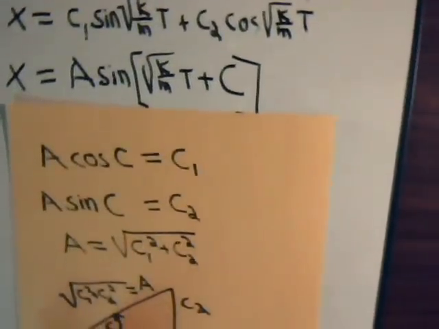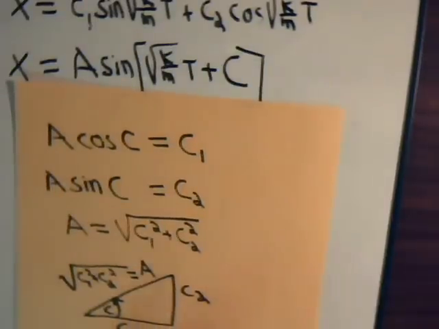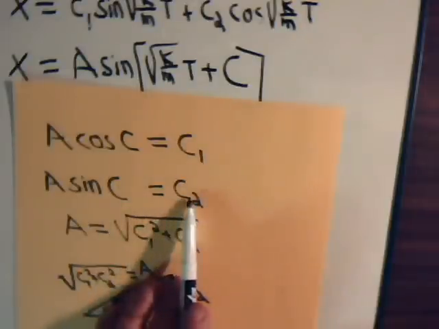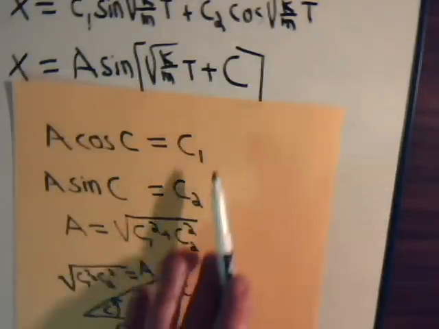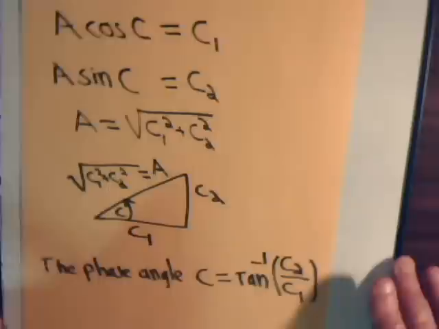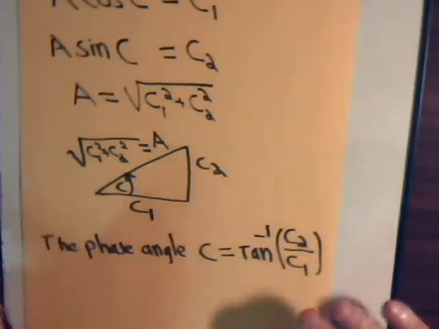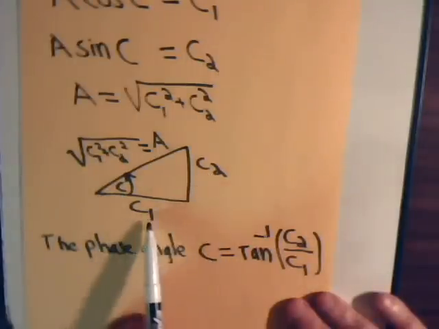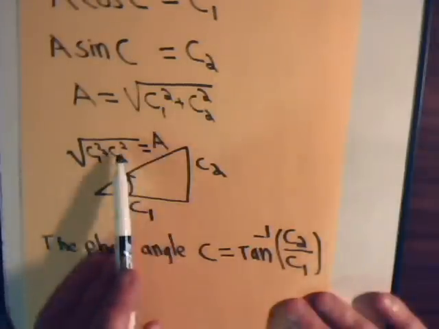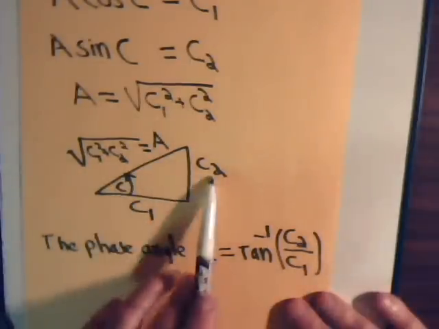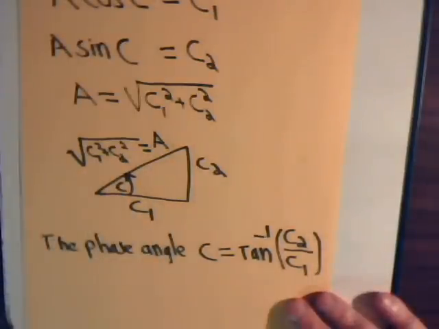Now, we also said that when we were fiddling around with these arbitrary constants, we had it set up so that A times the cosine of C was C1, A times the sine of C was C2, so A is going to equal the square root of C1 squared plus C2 squared. So we can have it like this triangle here. That's the angle C, C2, C1, sum their squares, take the square root, that's A. So A times the sine of C is C2, A times the cosine of C is C1.